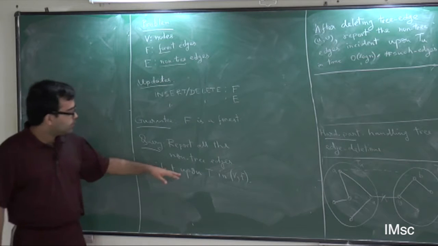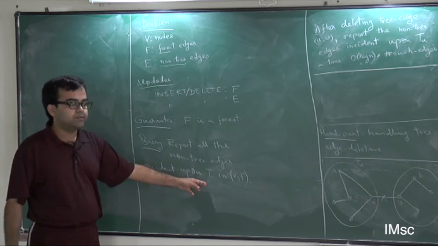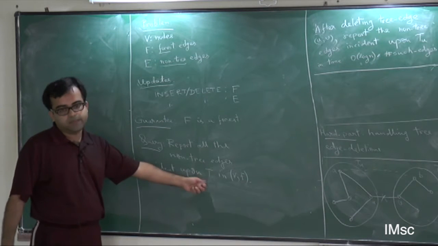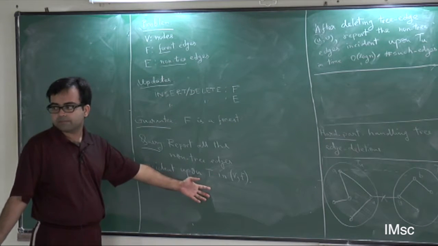And a non-tree edge is incident upon tree T if at least one of its endpoints is in T. Okay.